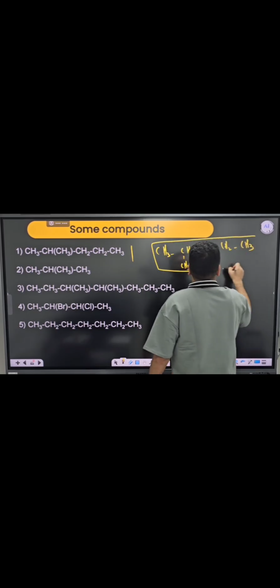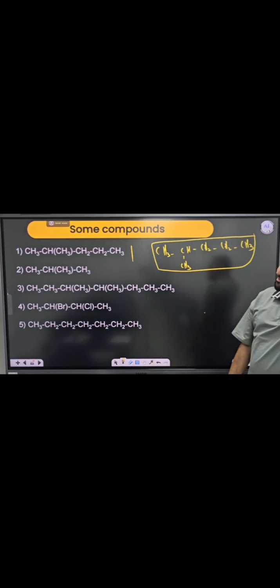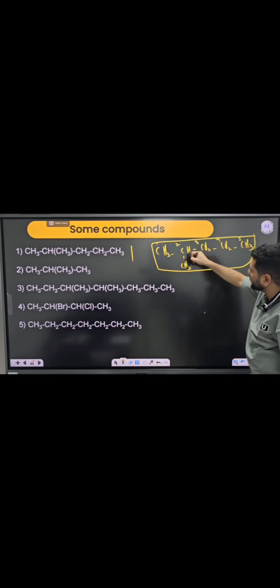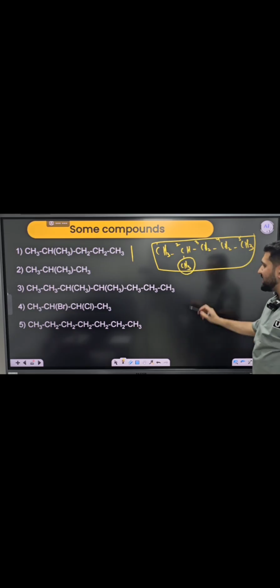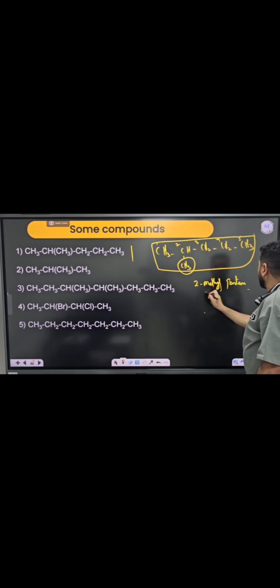You have to name this compound. Can you name it? Quite simple. Just identify the long chain. It will be 1, 2, 3, 4, 5. At position number 2, there is a methyl group attached. Can I say it will be 2-methyl? And how many are in the main chain? 5. 2-methylpentane. You can name it this way.